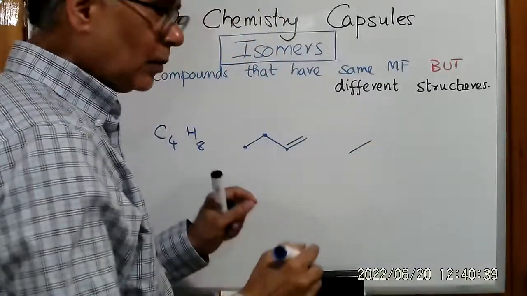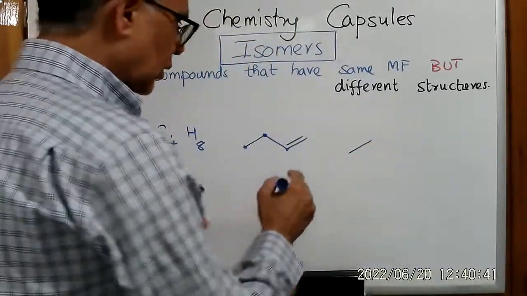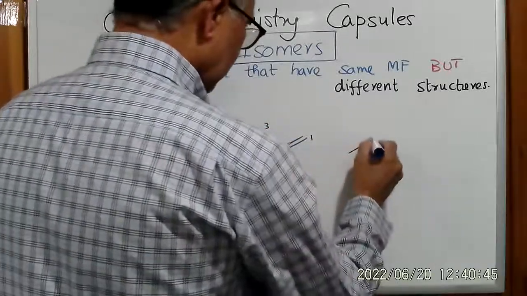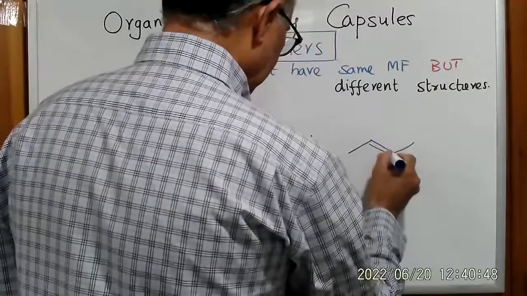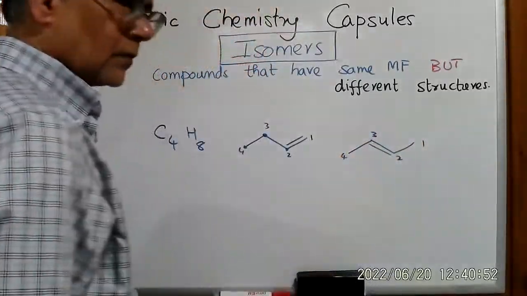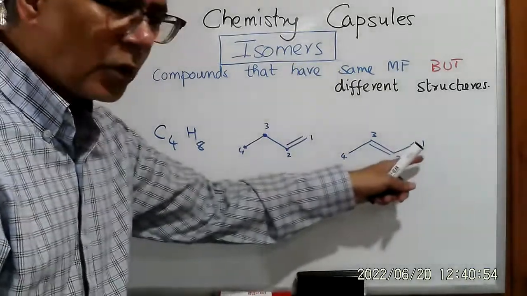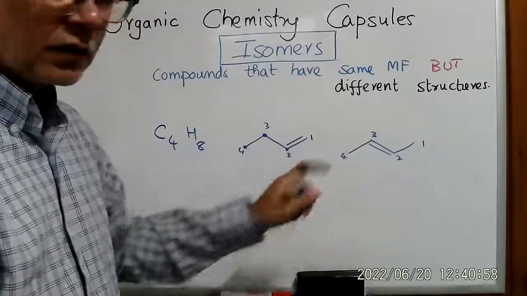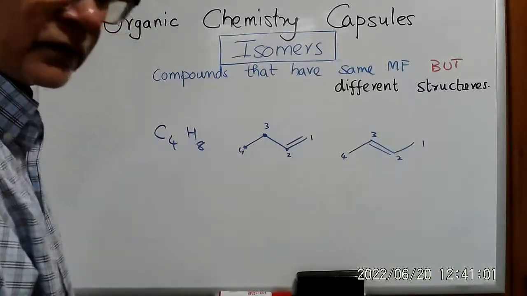Let's try another one. Now we will move the location of the double bond to between carbons 2 and 3. So the double bond location has changed. These two structures are constitutional isomers.